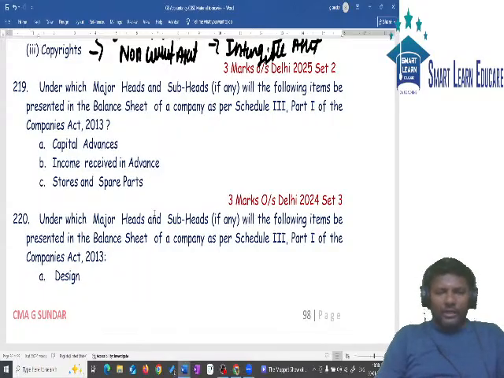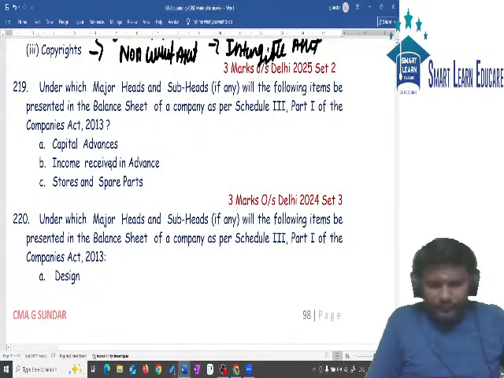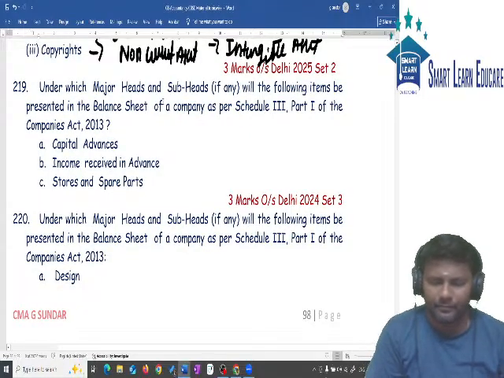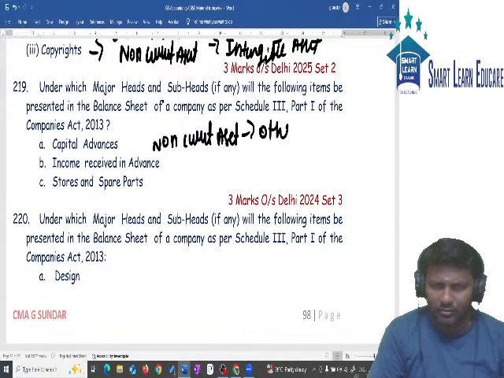Question number 219. Capital advance will come under non-current asset, in that, other non-current asset.